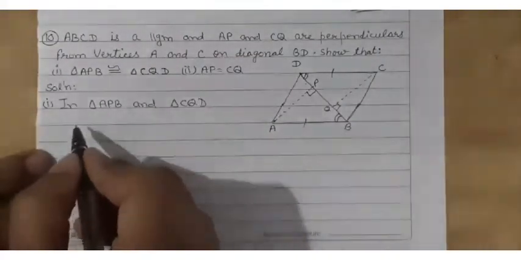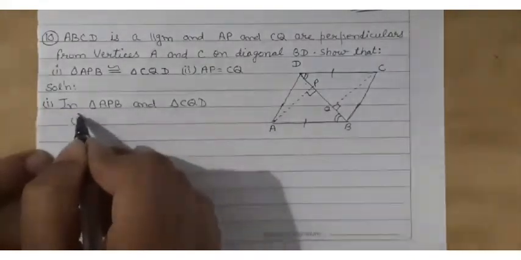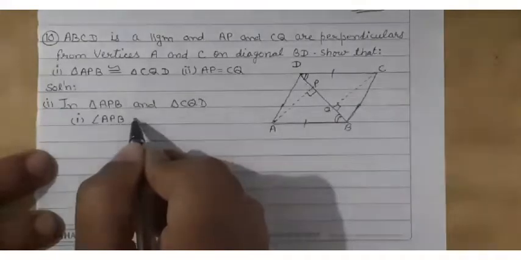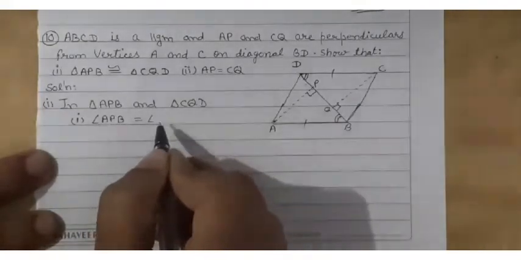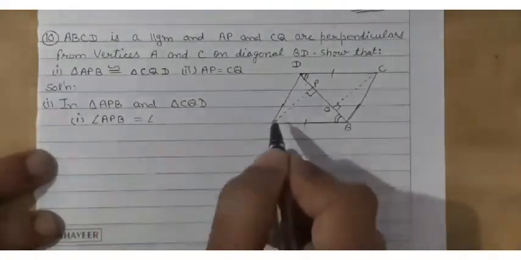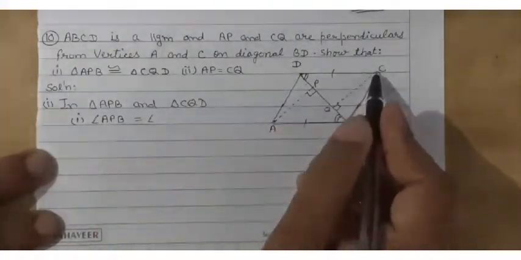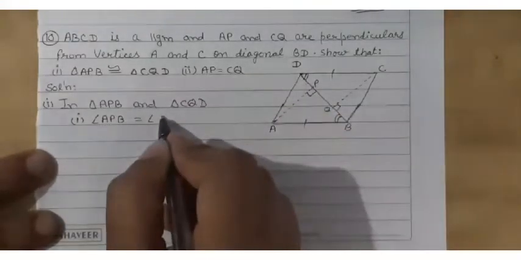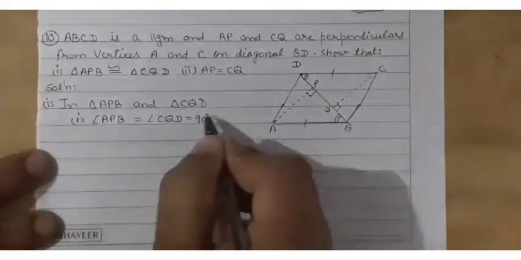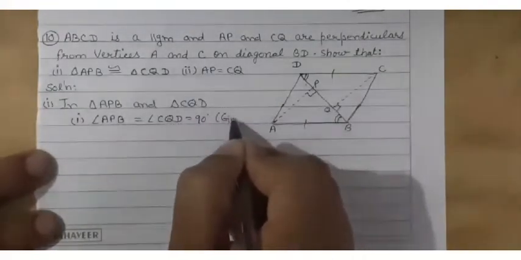We have to show first, angle APB is equal to angle CQD, and this is 90 degrees. It is given in the figure.